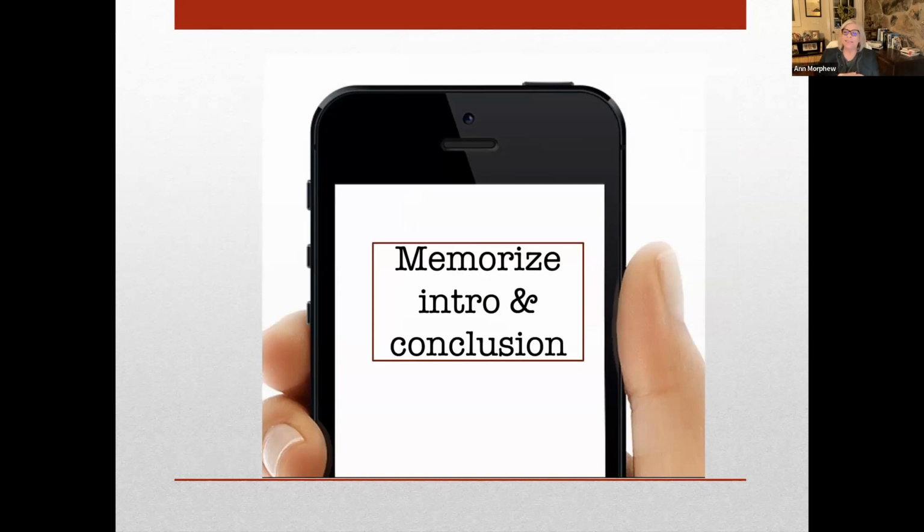My biggest little tip is to memorize your first lines and your last lines. If a speaker is going to mess up, those tend to be the spaces where it occurs. And if you mess up in your first line, sometimes you feel lost and you feel that you don't know where to go from there.